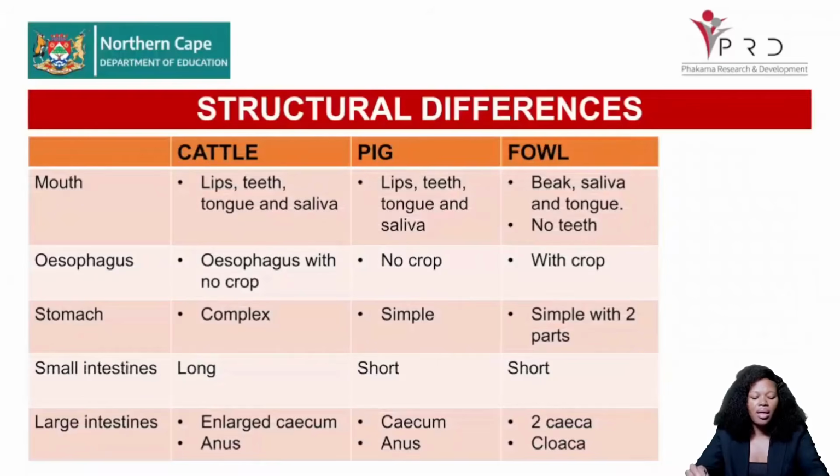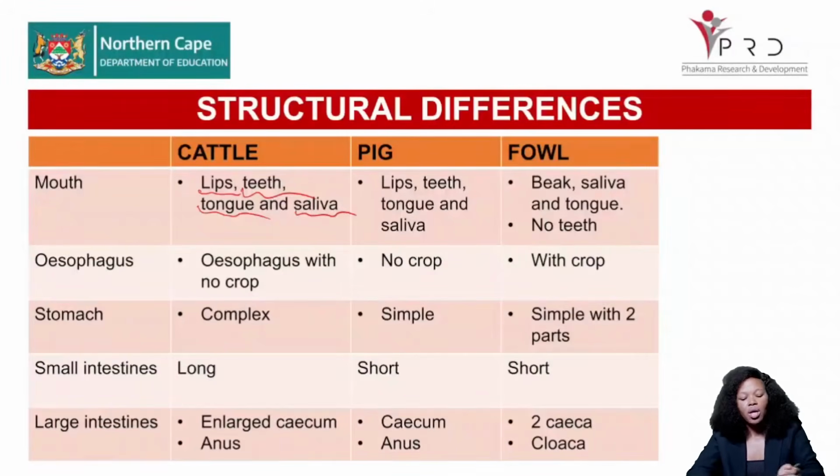Firstly, the mouth of a cattle has lips, there are teeth, and those teeth are incomplete. They lack canines. There are no canines. Right? There is a tongue as well as saliva. Now, the saliva of cattle does not secrete the enzyme amylase.